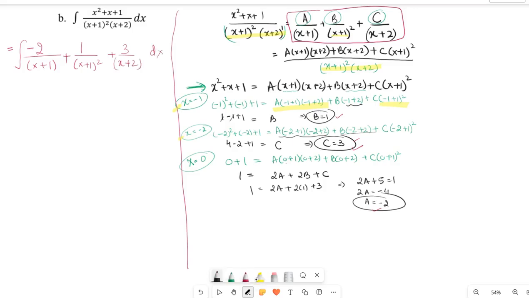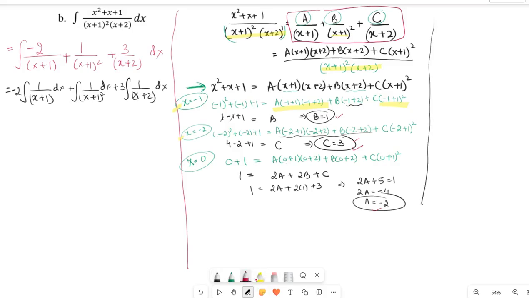So our integral is split into smaller, easier integrals. We can write them as separate. We can also just take 2 out. That would look like negative 2 integral of 1 by x plus 1 dx, plus integral 1 by (x plus 1) whole square dx, plus 3 integral of 1 by x plus 2 dx.